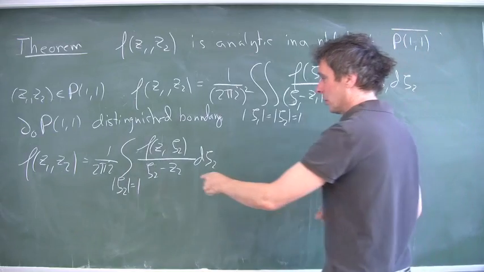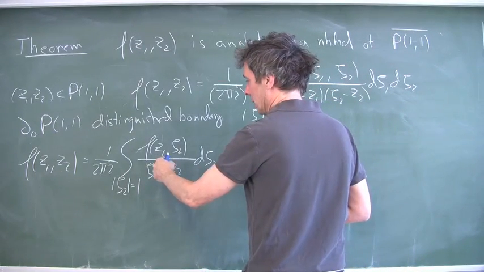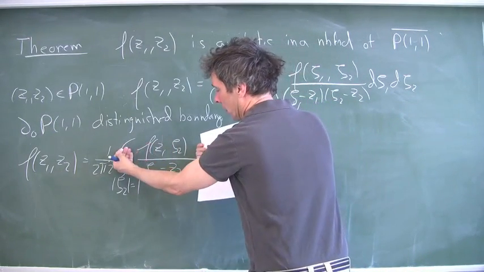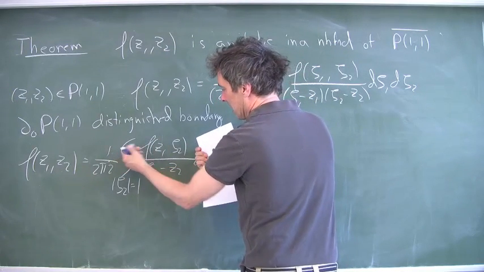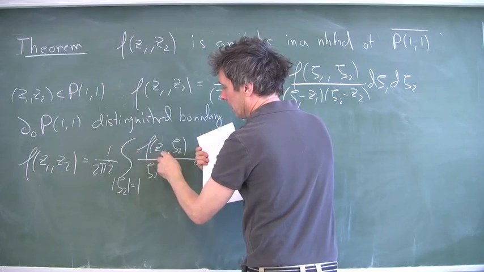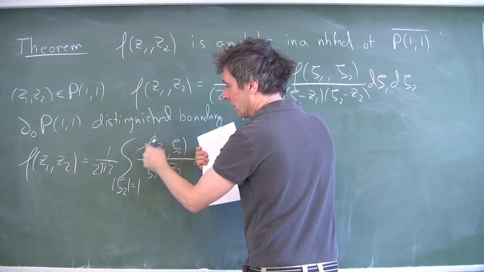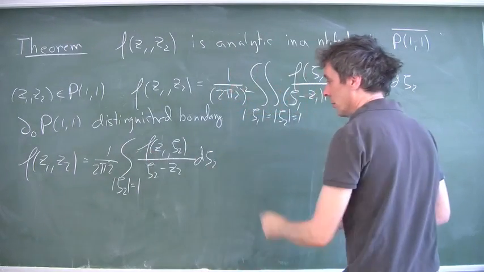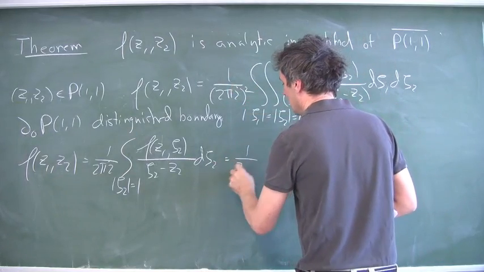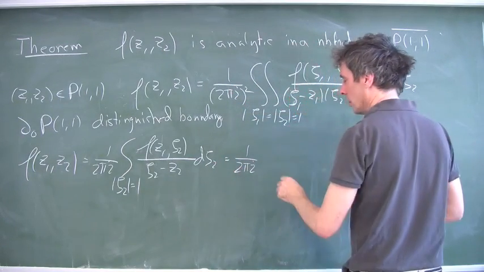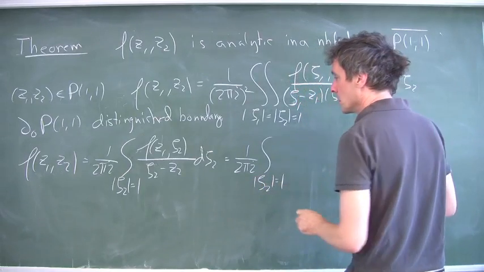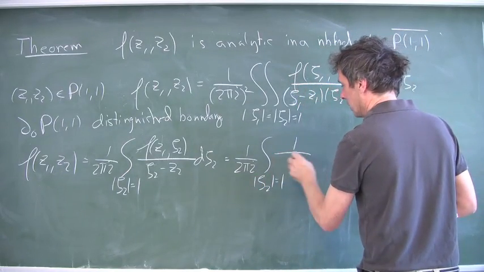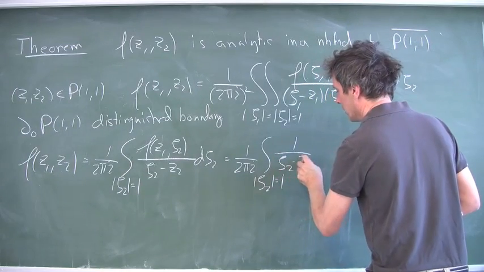And once you have this, you can just repeat. Now we take this part in here, keep zeta 2 fixed for the moment, and use the Cauchy integral formula for the first variable. So then you have the following. Let me write this factor here.